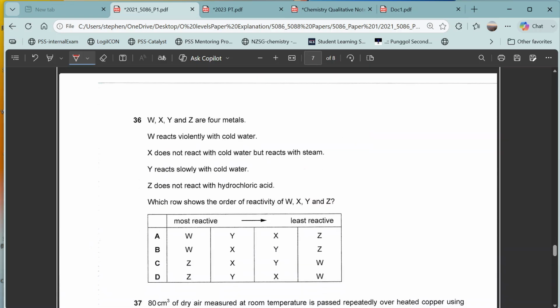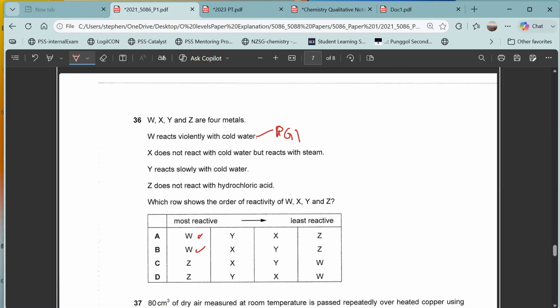Oh, this is a typical metal question. So W reacts violently, this was in group 1, right? Okay. So W must be the most reactive. Because if you check the rest, I look for the least reactive one.